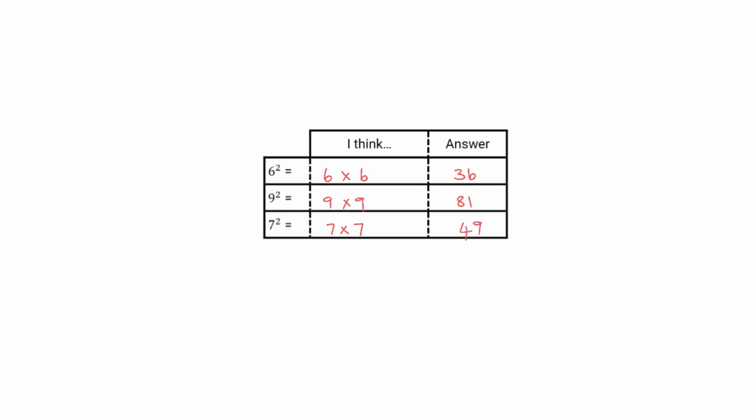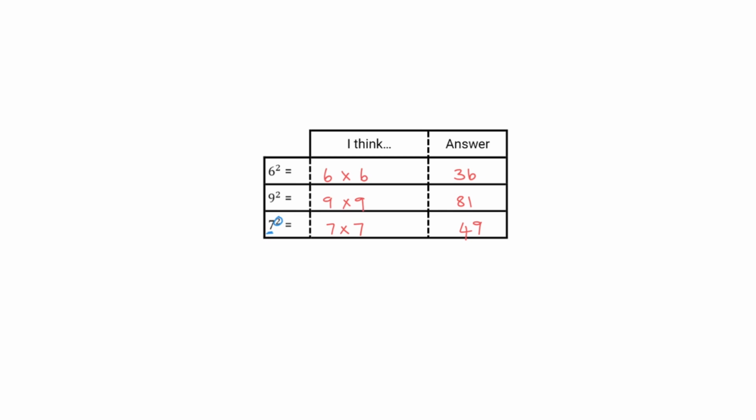Okay, don't get confused with this little power. It doesn't mean times 2. It means take the bottom number, the big number, and multiply it by itself. Now, no matter which number you square or multiply by itself, these answers are all square numbers, which means that if we draw them, they'll form squares.